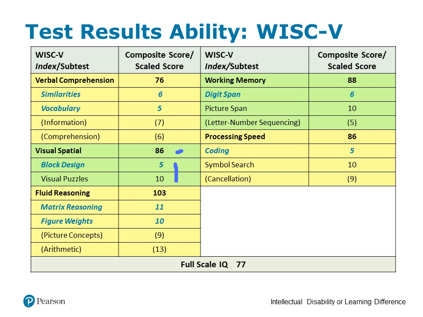When you look at working memory, notice that the two subtests that make up working memory, digit span and picture span, again notice the variability at the subtest level. So he showed age-appropriate performance when you asked him to recall a series of pictures in the correct order on picture span, but his performance was comparatively lower on digit span, which required him to recall and sequence strings of numbers.